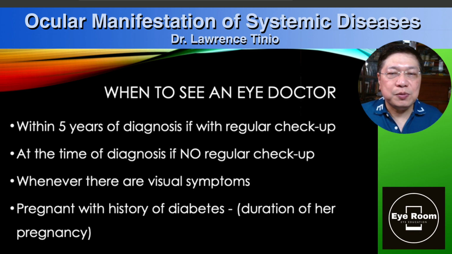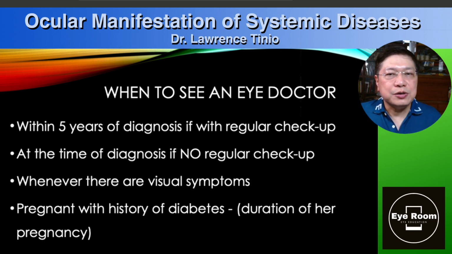But if your patient has no regular checkup, you see them very irregularly, then at the time of diagnosis, send them immediately to your eye doctor for a screening. The reason being, you don't know when your patient had the diabetes. And usually, the patient would have had the diabetes probably years or months before you actually saw the patient and made the diagnosis.